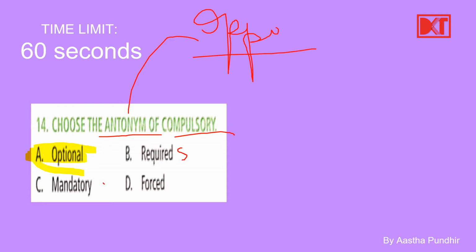Mandatory again a synonym. Forced is also a sort of synonym, you can say. Compulsory मतलब जो जरूरी है, जिसमें कोई कंडीशन नहीं है, जो इम्पोर्टेंट है, जो करना ही करना है. ऑप्शनल वो होता है जिसमें आपके पास एक ऑप्शन है, मतलब जिसमें आपके पास एक चॉइस है. Alright. So the correct answer is A, optional.